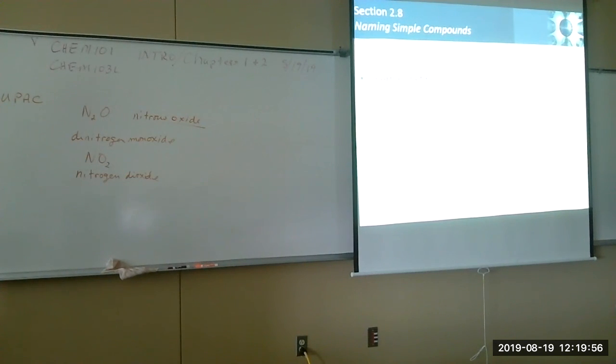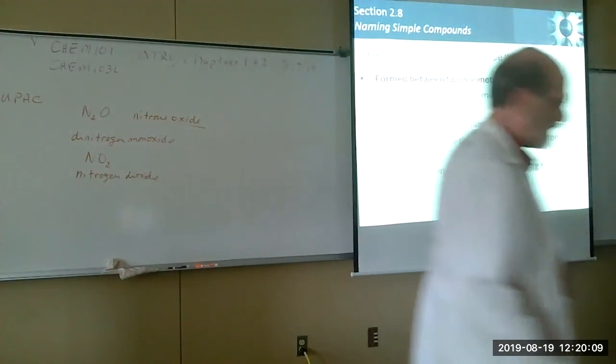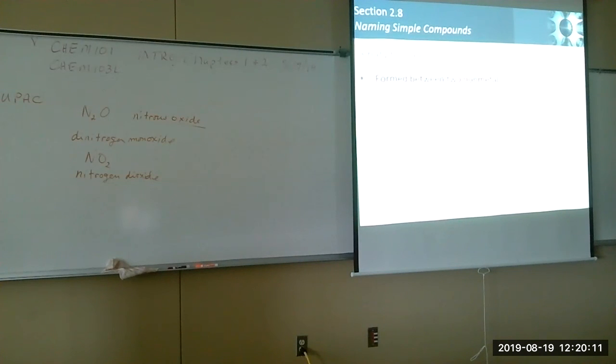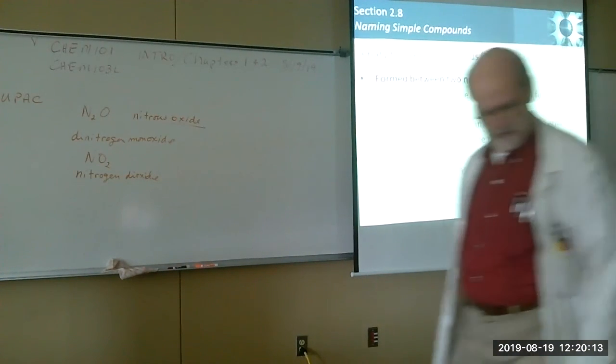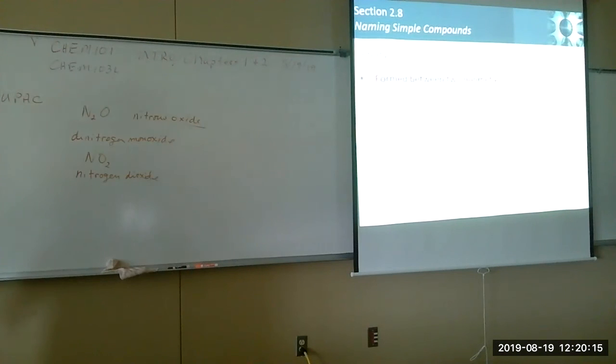Let's see. What have we not done? Oh, polyatomic ions. I have a list. Did I give you a list of polyatomics? There should be a list of polyatomics in your book, your electronic book. The polyatomic ions, all but one, are anions. For instance, nitrate.